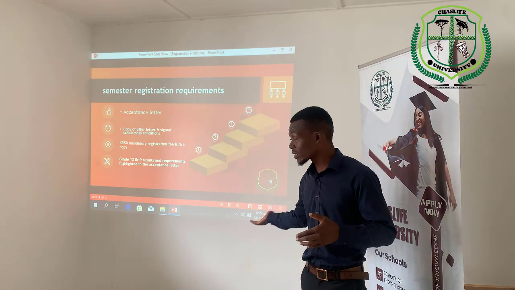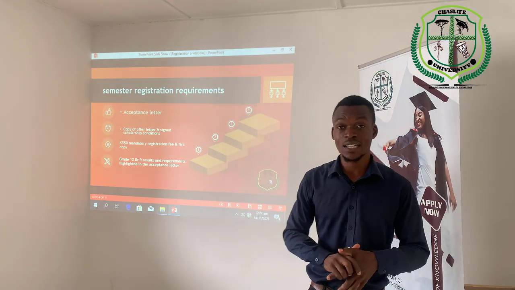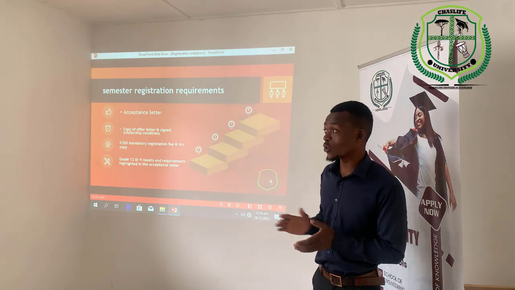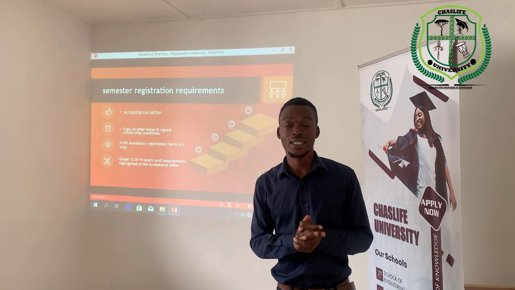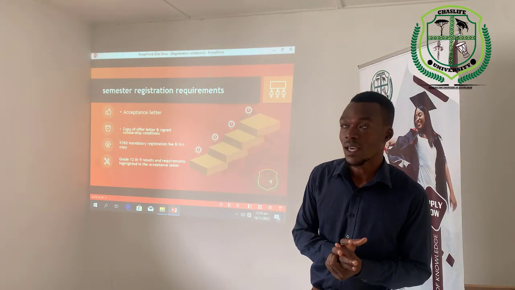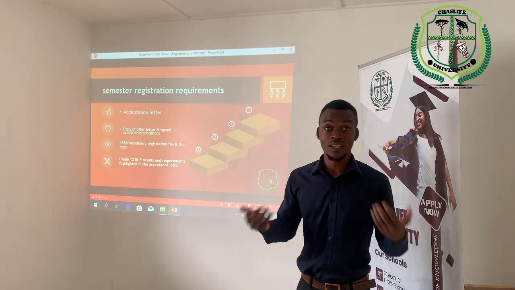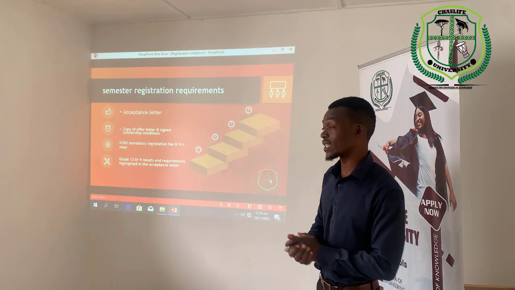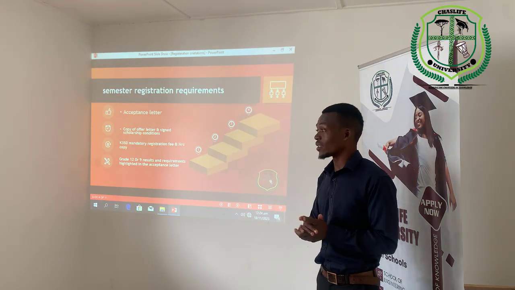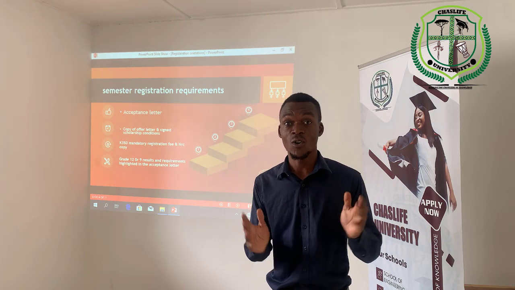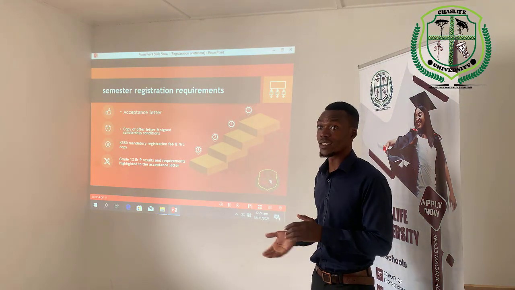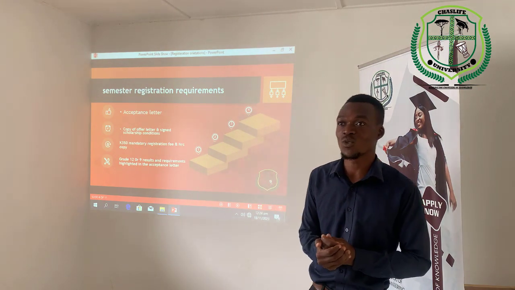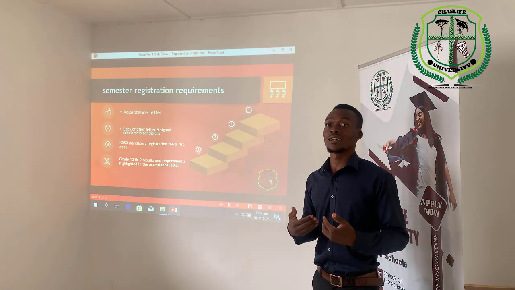Having looked at these requirements, we will agree that if you prepare these documents and come through to Just Life, this means you have completed the registration process using the physical means. So these are the requirements needed for one to get registered physically.